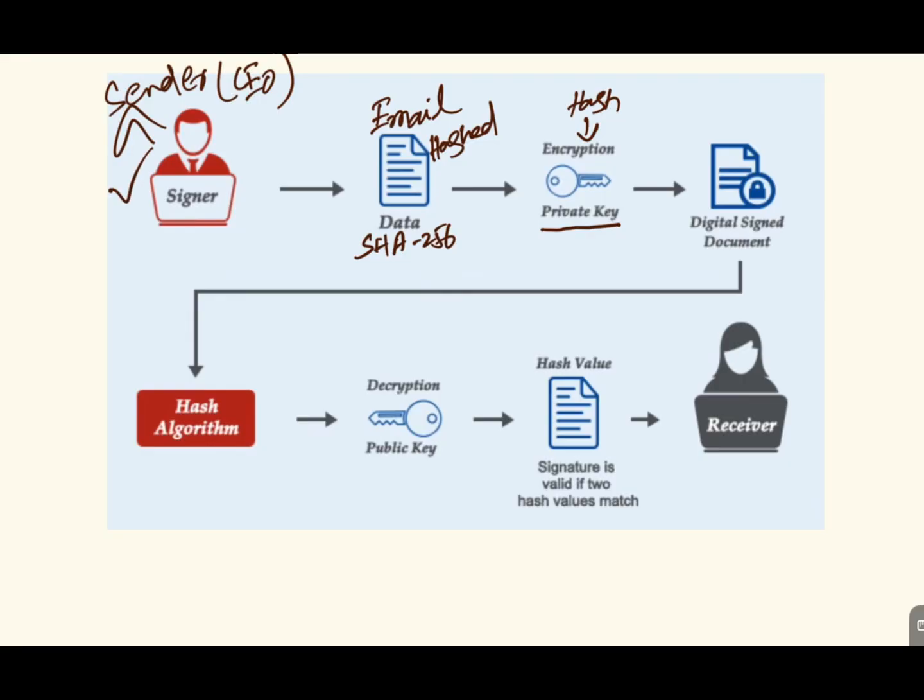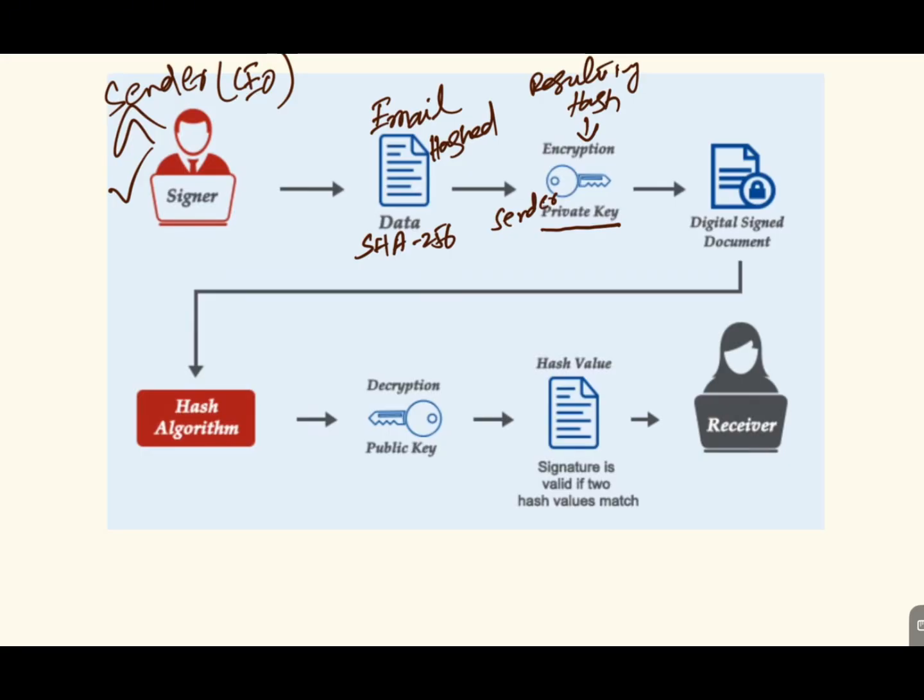As we know, the content of the email is hashed using a secure algorithm, for example SHA-256, and the resulting hash is encrypted with the sender's private key.